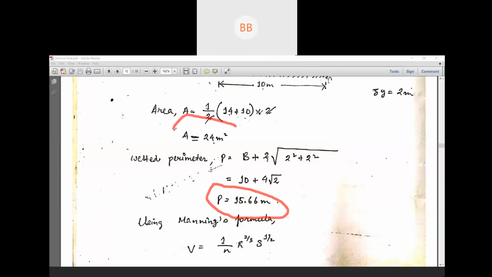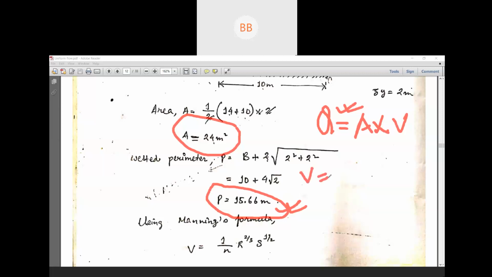So area you have already calculated, wetted perimeter you have calculated. Next, we need to find out velocity, because our intention is to find out discharge, that is area multiplied by velocity. Area we have calculated. Now we need to find out velocity. Then we multiply both. We will get discharge. And why we have calculated wetted perimeter?